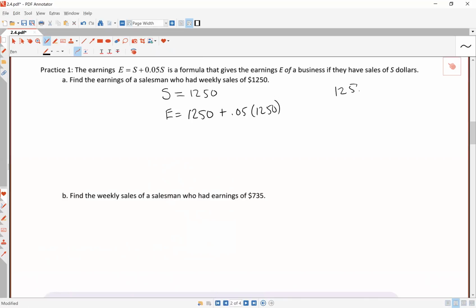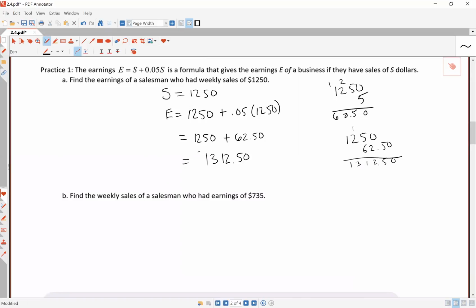When I take $12.50 and multiply by 5, I get an increase of $62.50. If I add that to $12.50, I get $1,312.50.